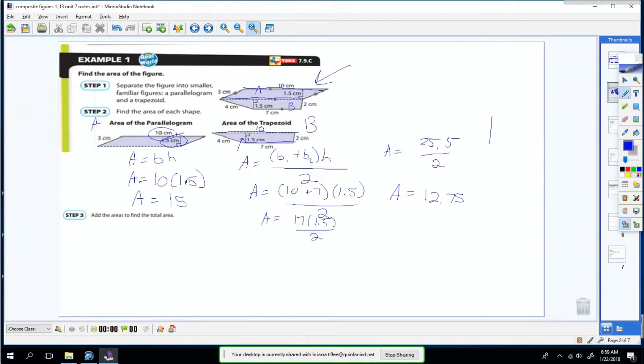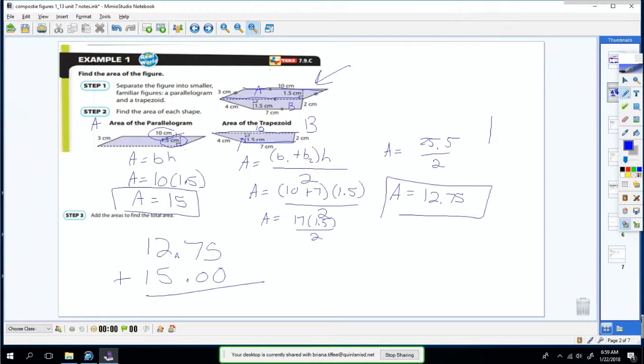We found the area of the parallelogram, and then we found the area of the trapezoid. So now we have to add them together. To find the area of the total figure, you have to take both of my areas and add them together. When you add them together, you get 27.75. And that'll be your area.